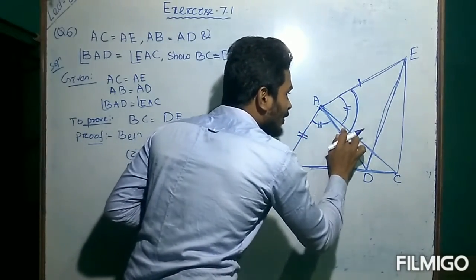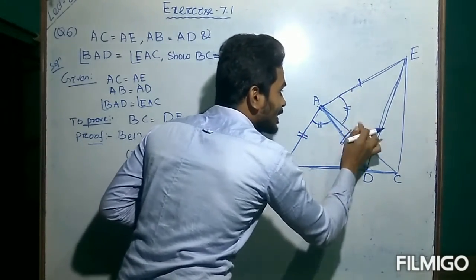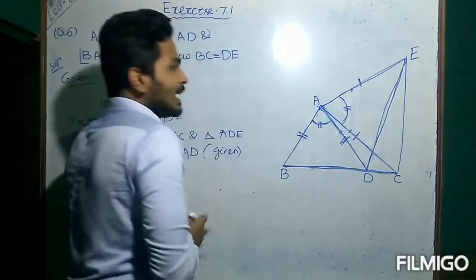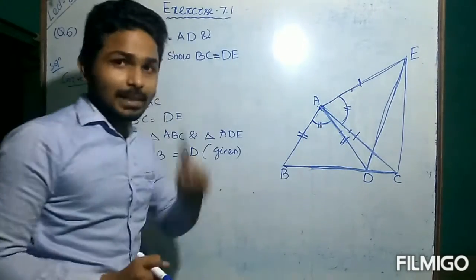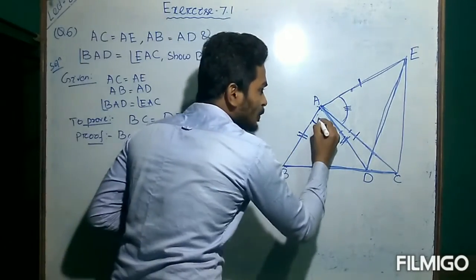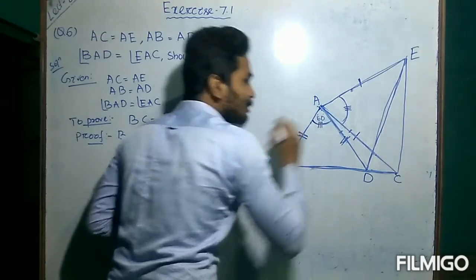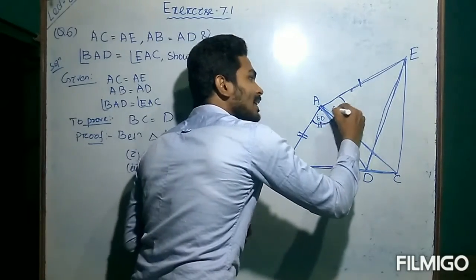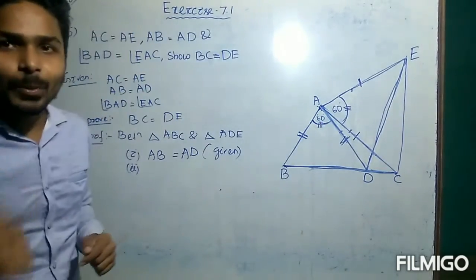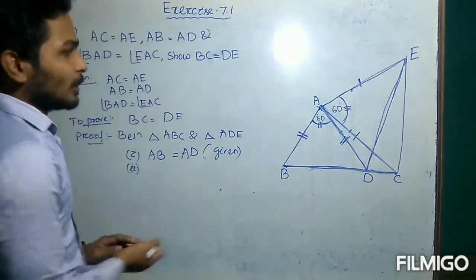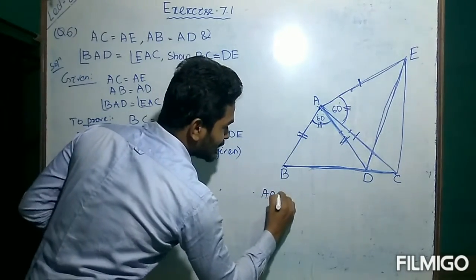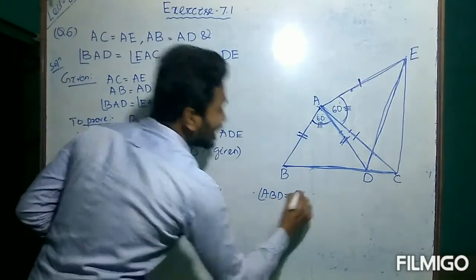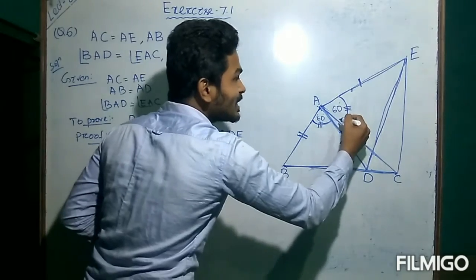It is also very interesting to see. Since this angle is equal to this angle, suppose we take this as 60 degrees, then what will be the value of this angle? It is also 60 degrees.